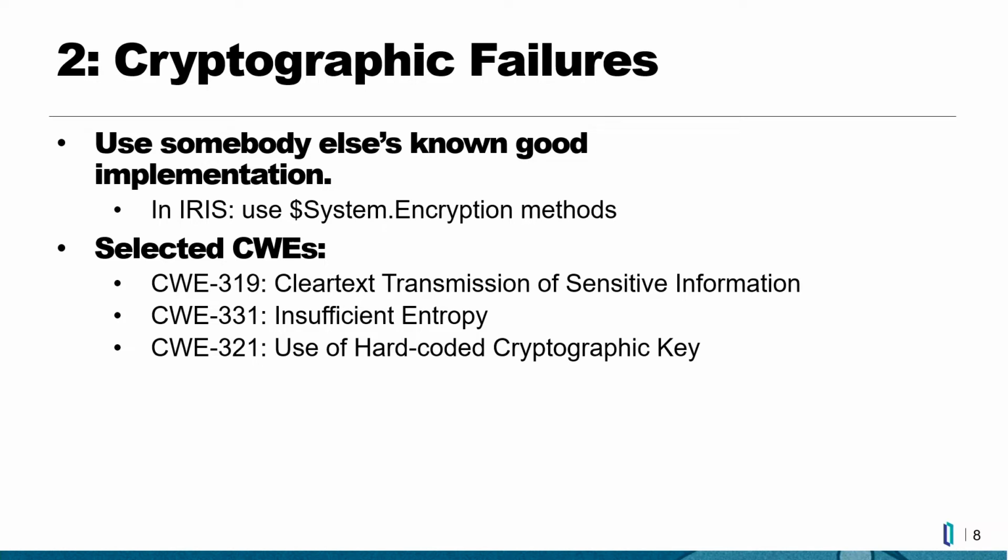So the first one, CWE 319, clear text transmission of sensitive information. There is a private Apache web server shipped with IRIS, and by default, it's running over HTTP, not HTTPS. It's just for convenience, and it's probably fine for a local dev environment, but it's not good for network access or production.